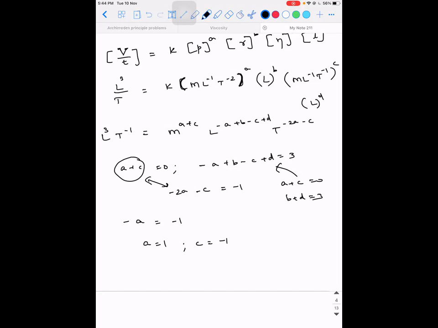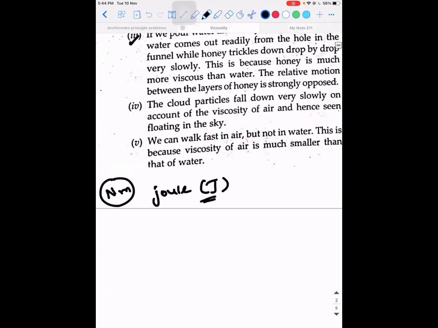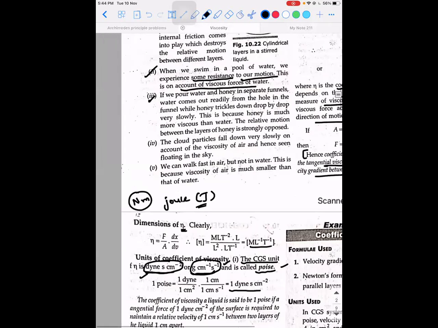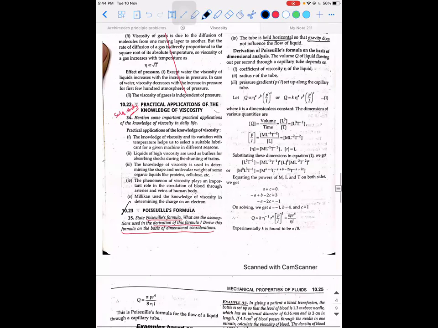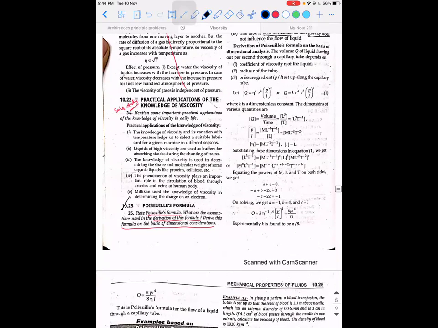Okay, now we need to solve. Did I leave B anywhere? So B plus D is 3, right? Okay.